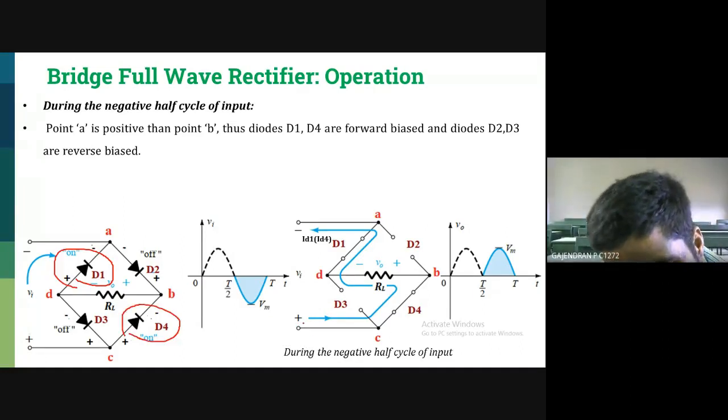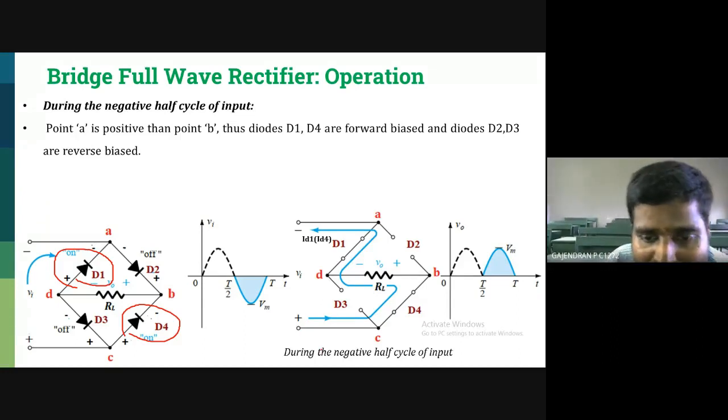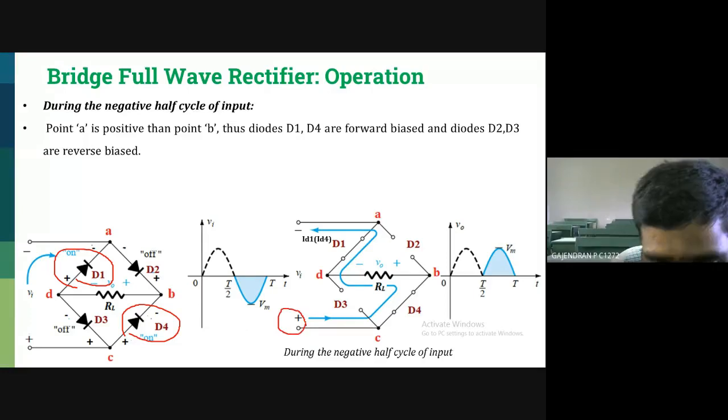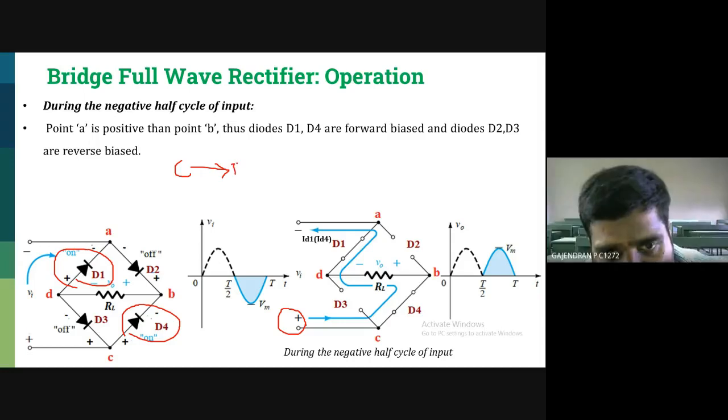Thereby, my current flow will be, can anyone tell me the current path? Can anyone tell the current path? From positive, how will it come? C2 where? C2, D4, D4.